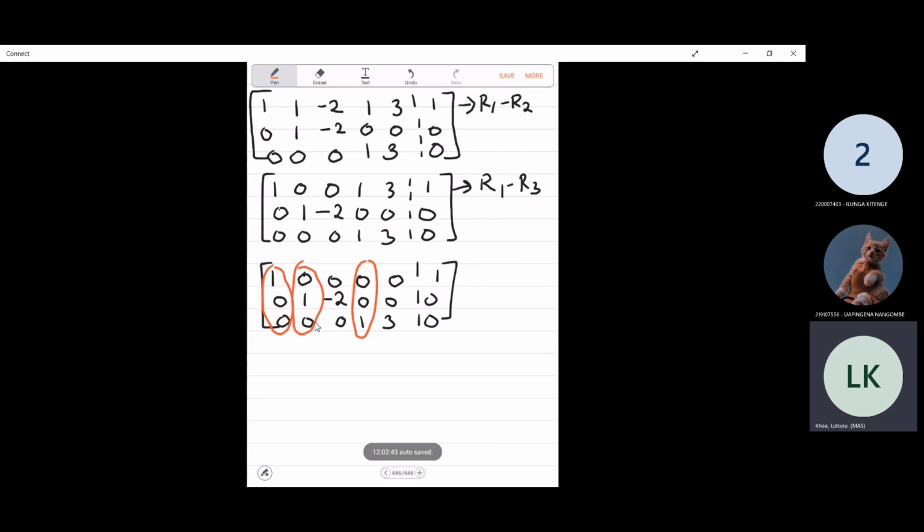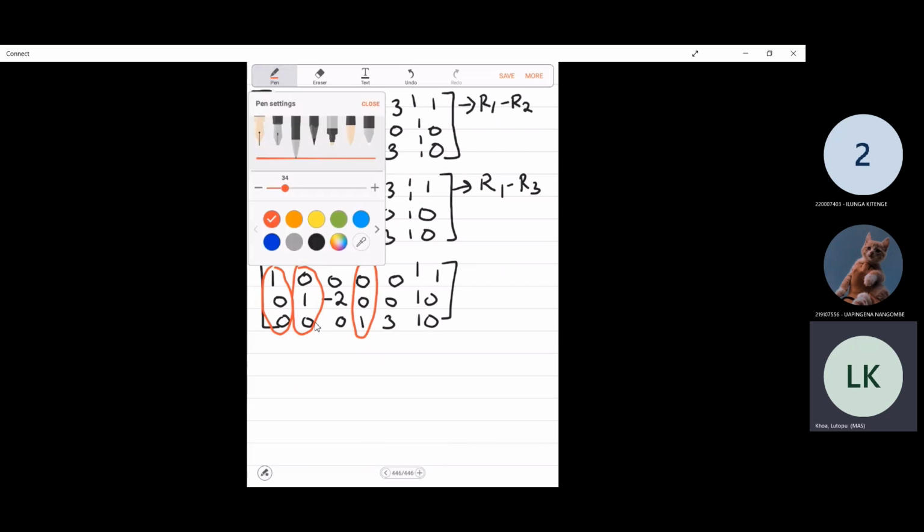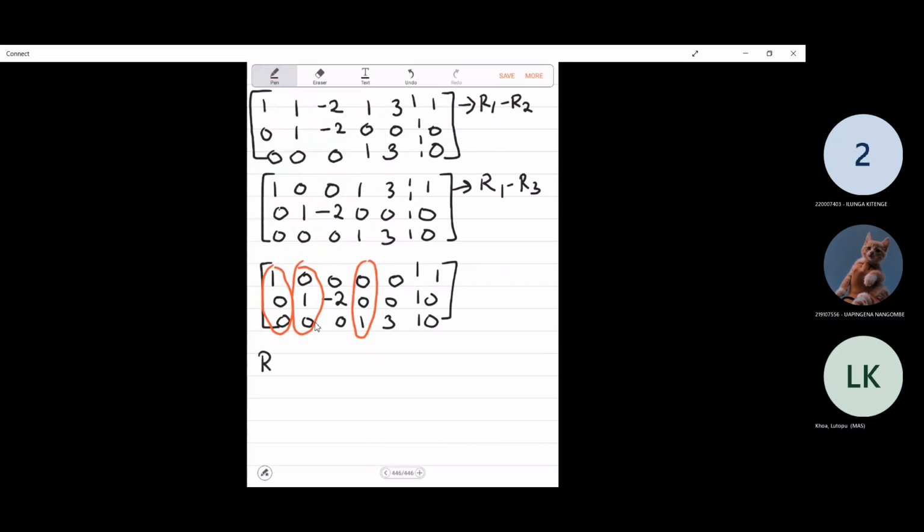Okay, so from there I can say the rank of my matrix is equal to 3. Then the basis, there are several options. The first one is x1, x2, and then x4.